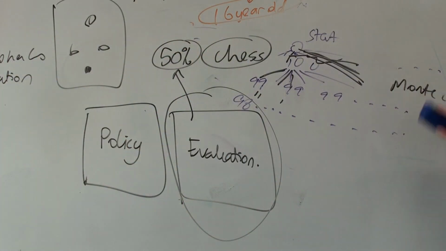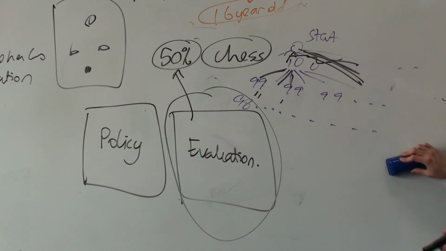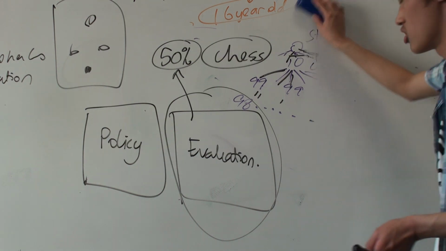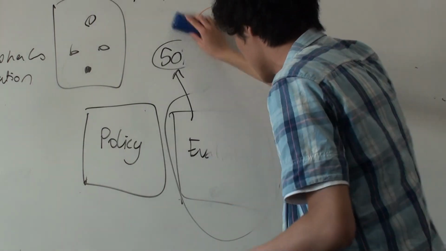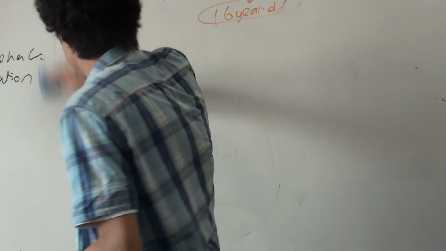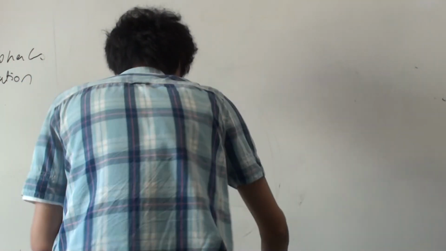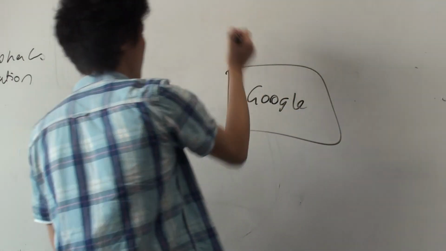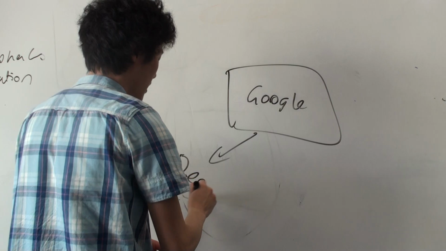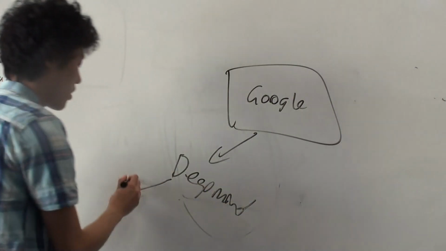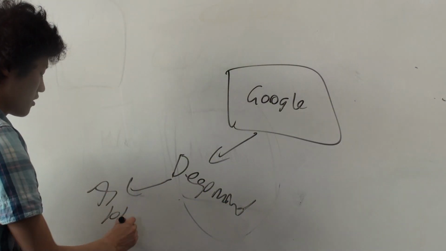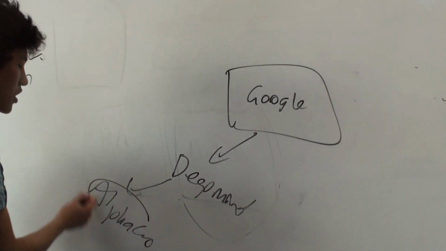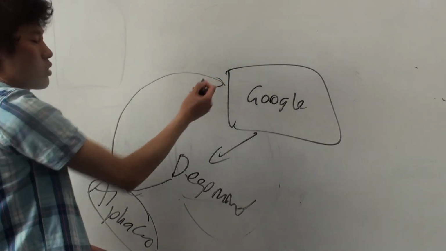I heard they are trying to use their system elsewhere. AlphaGo is not just used for playing games. Remember DeepMind? DeepMind is a subsidiary, Google bought them, and DeepMind owns AlphaGo. What they did is they used AlphaGo to optimize Google's data centers.